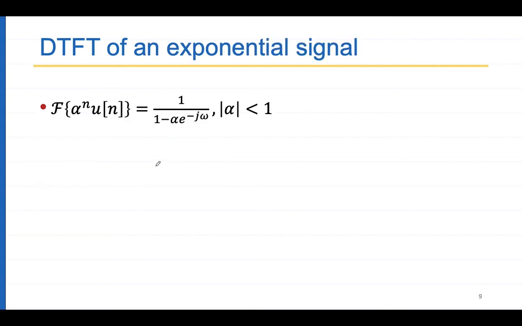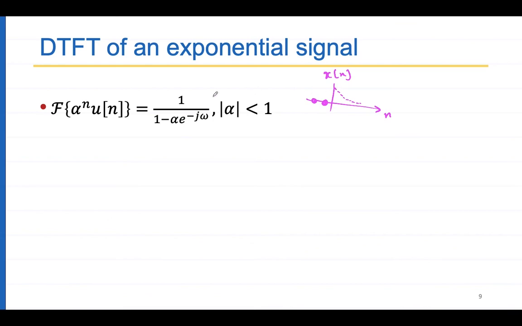Now, next we have Fourier transform of an exponential signal. How does it look? This is basically an exponential signal. So this is n, this is x of n. For n less than 0, it is always 0 because u of n is always 0.